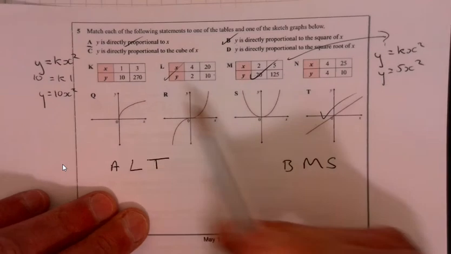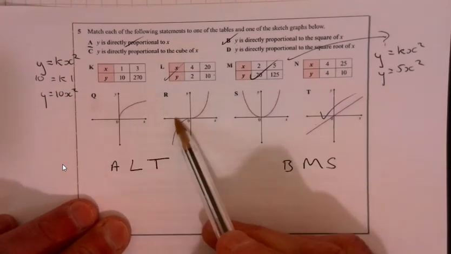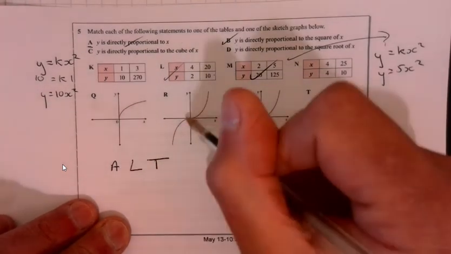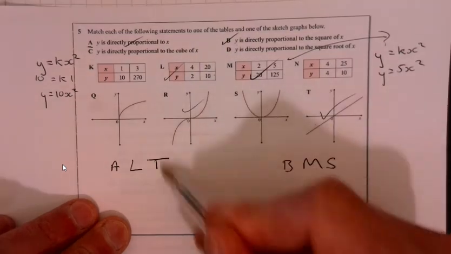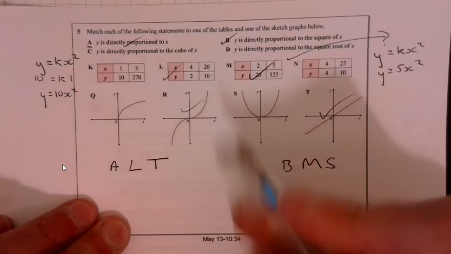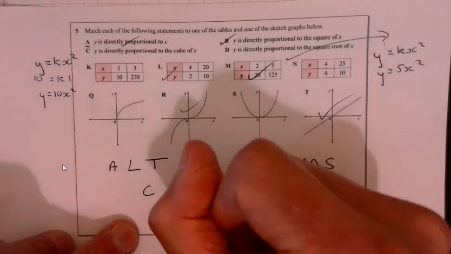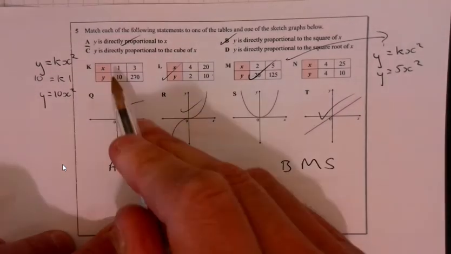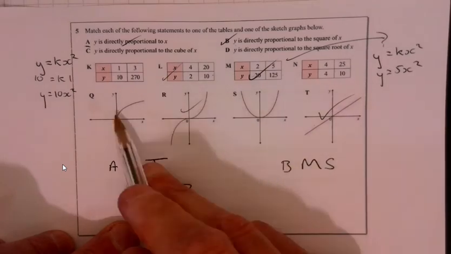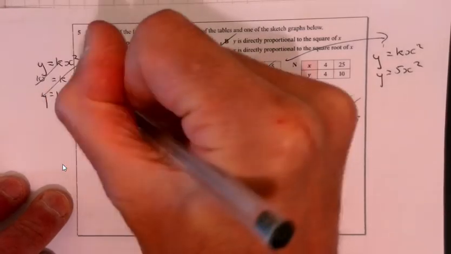Okay, let's take a guess on this one. So let's go with the cube one. Again, I should know which one of these it's going to be. That's a cube, that's a cubic, just there. So which one have we got? We've got C. So C goes with graph R, and I need to work out which one of these. I just got a hunch it's going to be this one here, so let's come back to this.